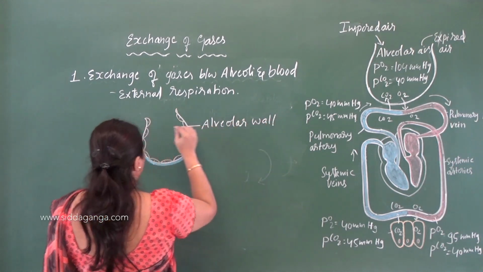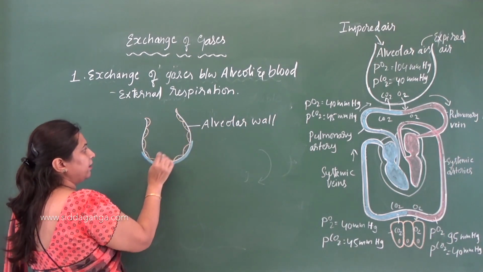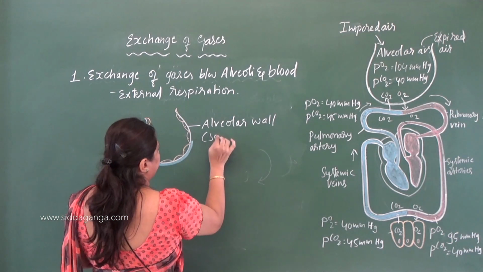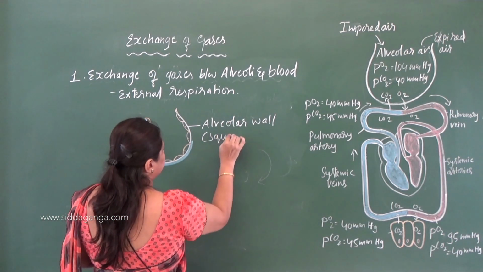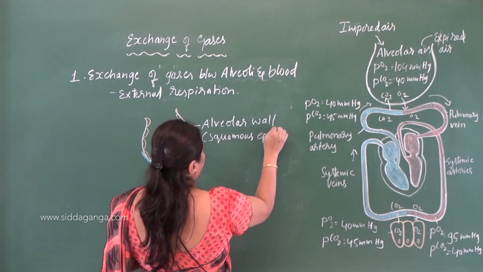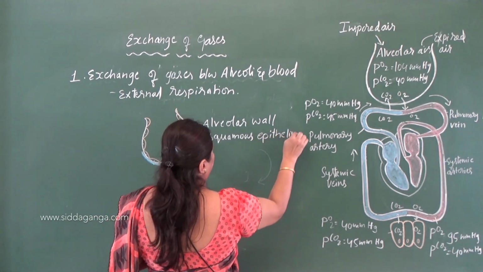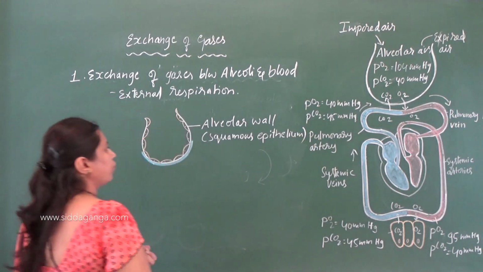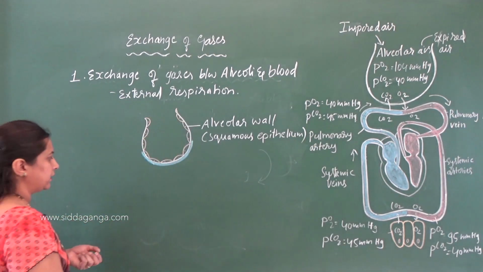So the alveolar wall is made up of which epithelium? Squamous epithelium, and it is one cell thick.